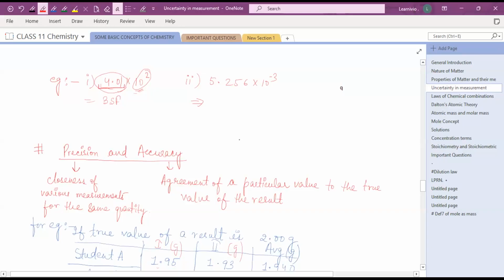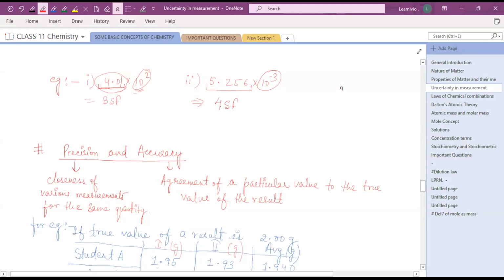Four. 1, 2, 3, 4. It's four significant figures. We will not consider this, we will consider only this. So it's 5, 2, 5, and 6. So four significant figures.